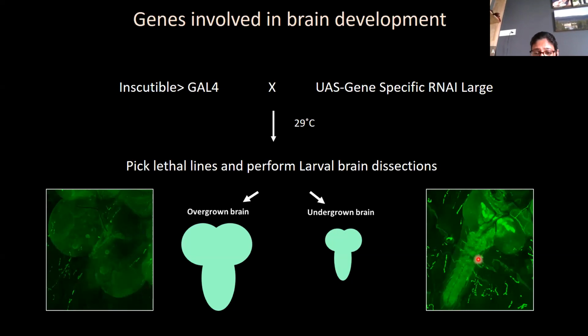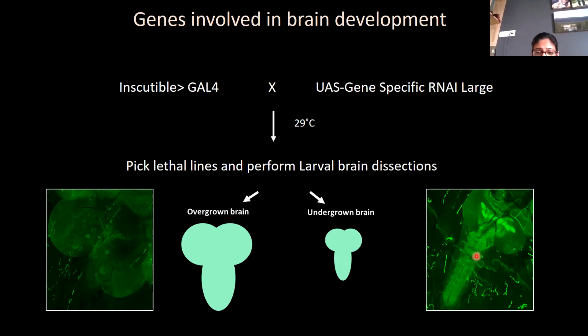Either the brain is not developing, it is very small, or the brain is huge. The reason could be that the stem cells that give rise to brain cells just keep on dividing. Here, they're not dividing at all. In wild type, they divide for some time, make neurons, and then stop dividing. So these are the two conditions we see.